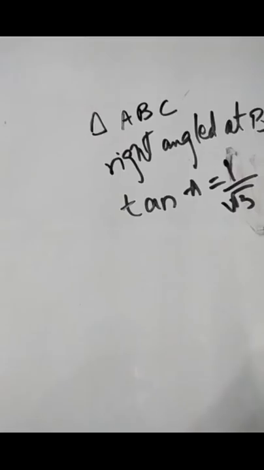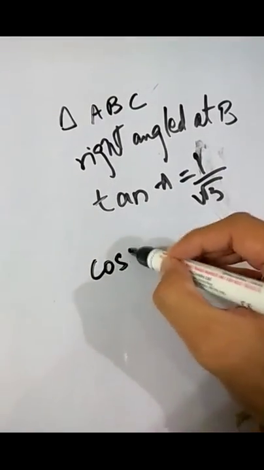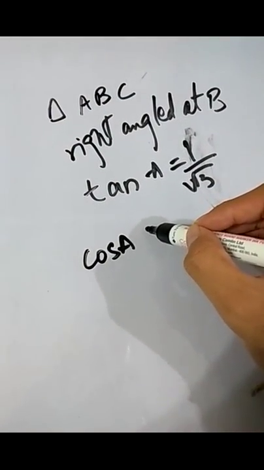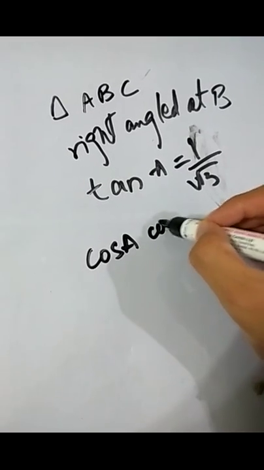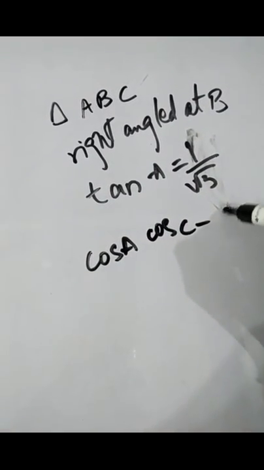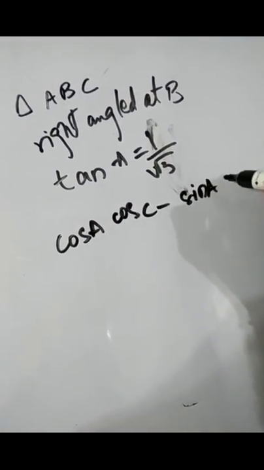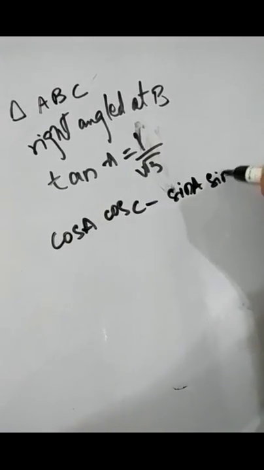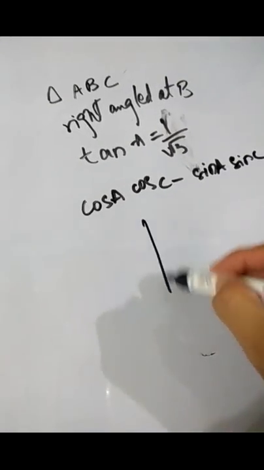So now we have to find cos A cos C minus sin A sin C. Remove the triangle.